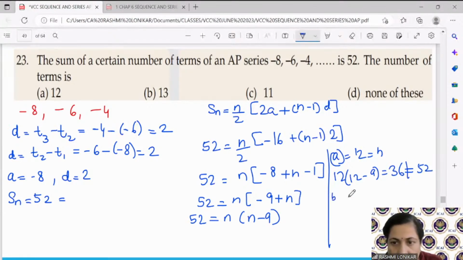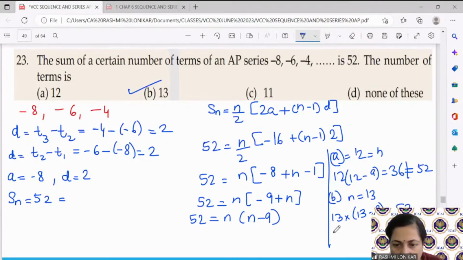Option B, n is equal to 13. So this is 13 into (13 minus 9). 13 minus 9 is 4. 4 13s are 52. So option B is the correct option.